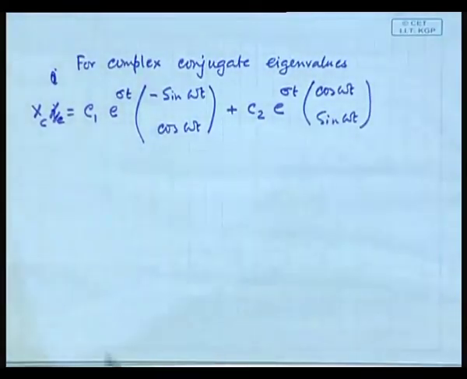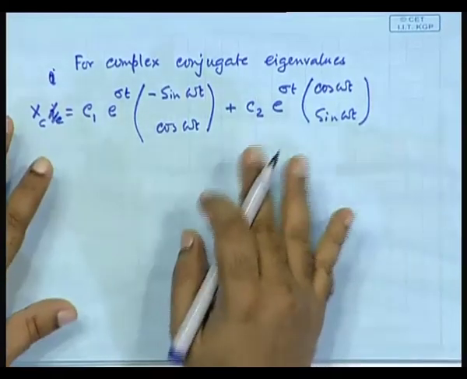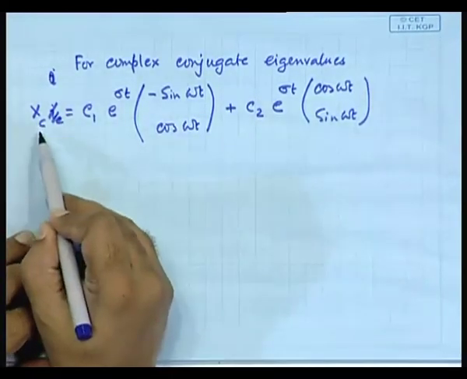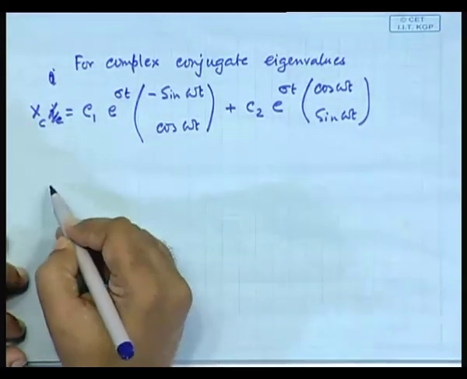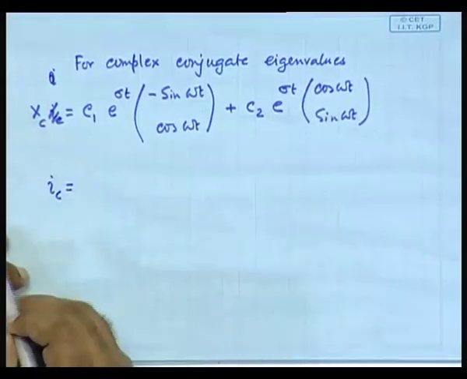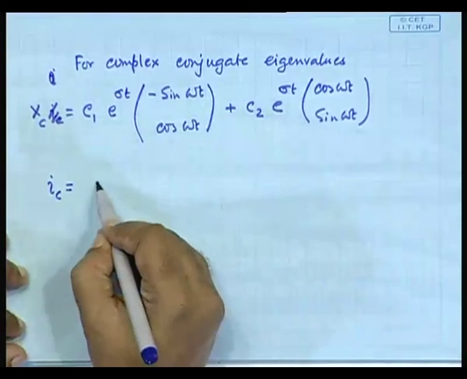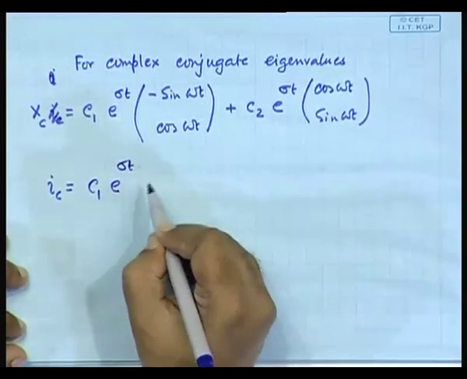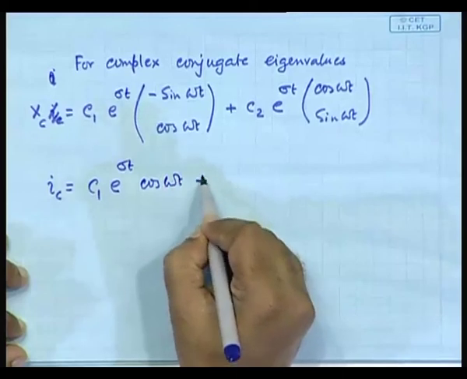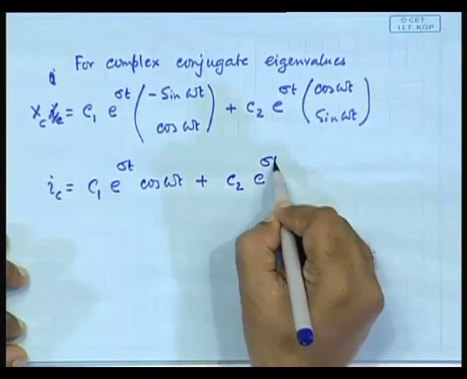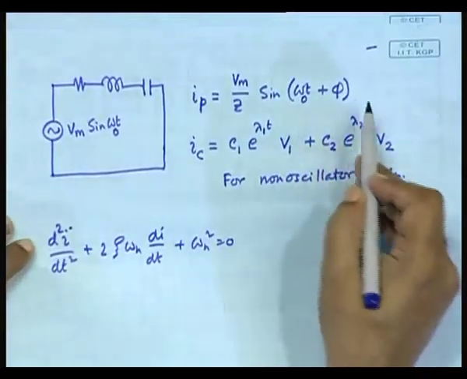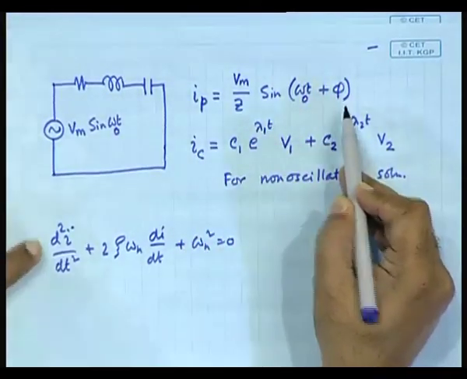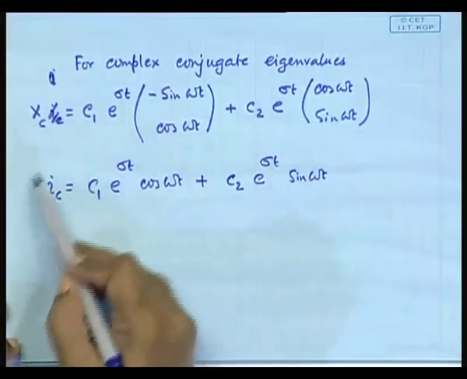Fine, the point that I am trying to make is a bit different, because this is what we discussed yesterday. This is x, a vector of voltage and current. So, the current solution I C, from the lower line, is C 1 e to the power sigma t cos omega t plus C 2 e to the power sigma t sin omega t. That is the current. So, the particular integral was this for the current, and the complementary function is this.